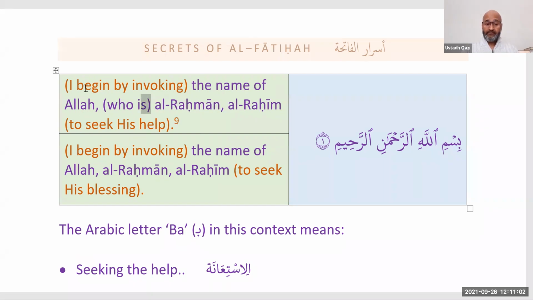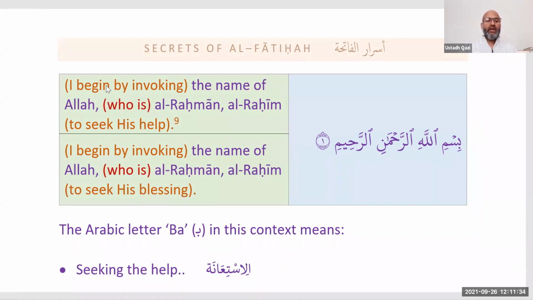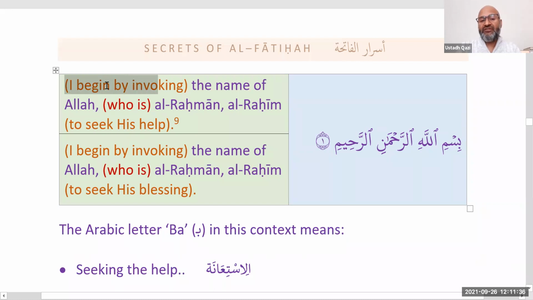So Allah is ar-Rahman Rahim. That's the idea behind this, and the way this verse is worded. All this hidden stuff you can get an idea of based on studying Arabic grammar and balagha.